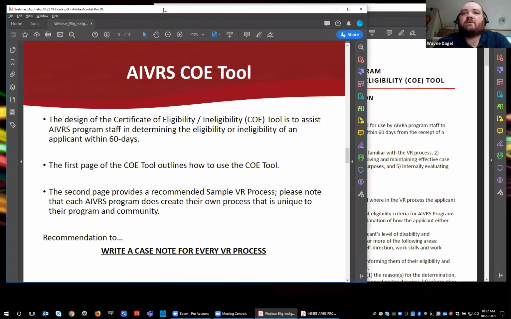We have to have that case management component in there to tell the story. That story is so vital when you have an outside audit, or if we have a counselor that leaves, it allows that next person to jump in, read the case file, and start providing services at the point of where the other person left. So it's very important that we document every step of the process.